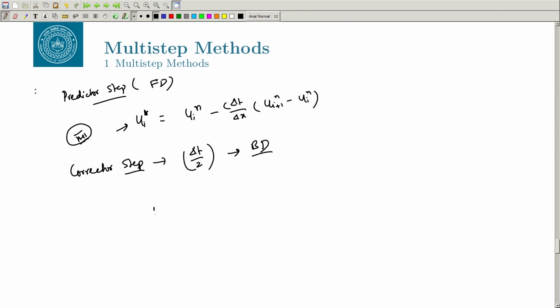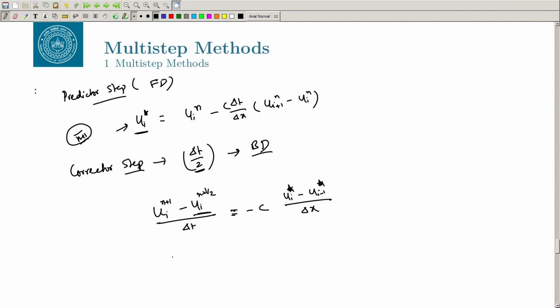So, if you do the backward differencing, this will be u_i^{n+1} minus u_i^{n+half}, divided by delta t by 2, equal to minus c times the backward differencing, that is u_i minus u_{i-1} divided by delta x, and this will use the values we calculated earlier, u_i star and u_{i-1} star.